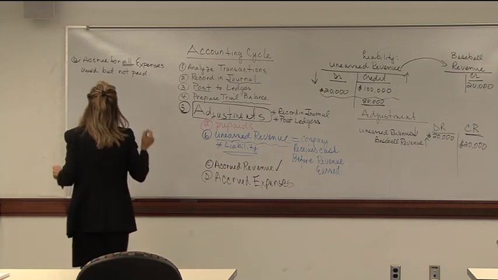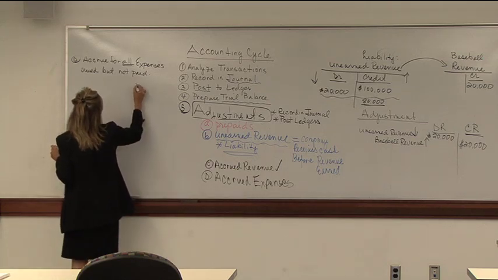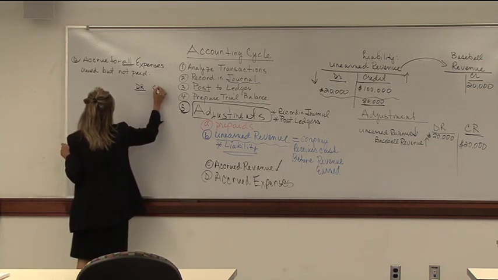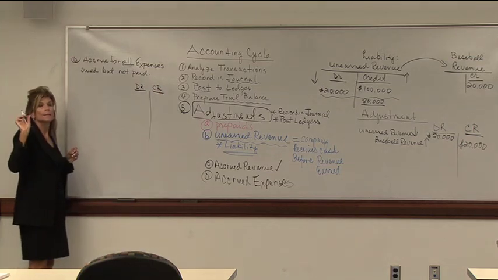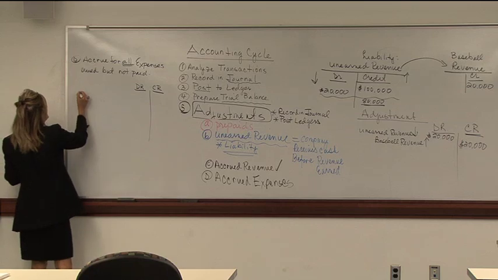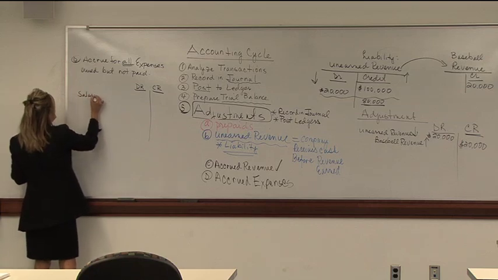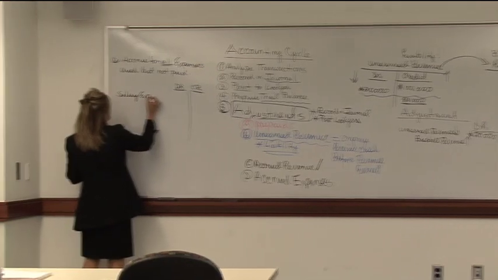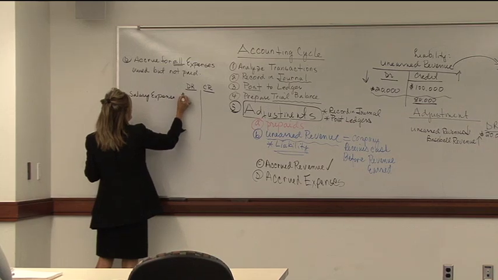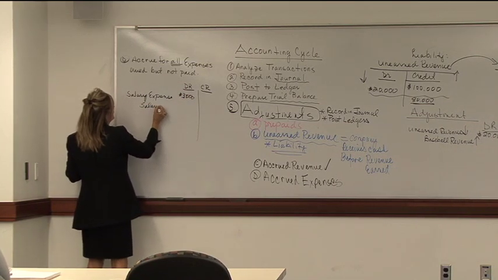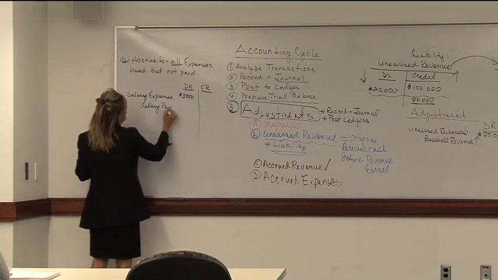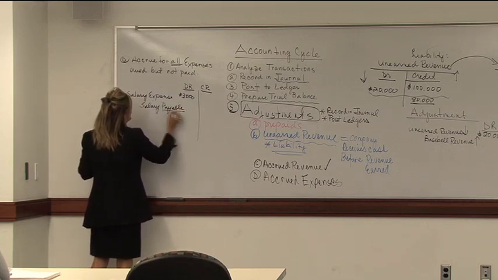All right, so let's pretend we pay our employees $1,000 a day. We would owe them $3,000 Monday, Tuesday, Wednesday. We would debit salary or wage expense, $3,000, and we would credit a liability. We haven't paid it.